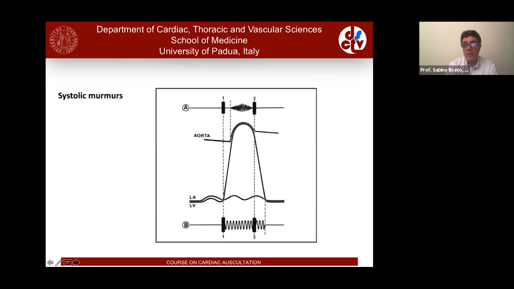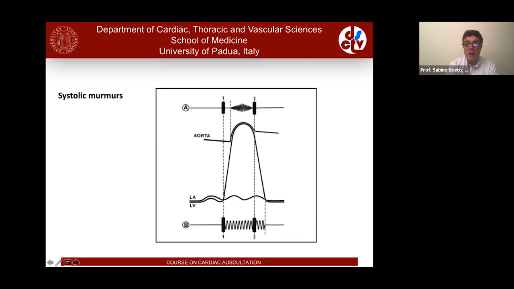Then the pressure in the left ventricle and the aorta will be equal. Then left ventricle pressure will go down, down, down, below aortic pressure, and this pressure difference will create the closure of the aortic valve and therefore the second heart sound.